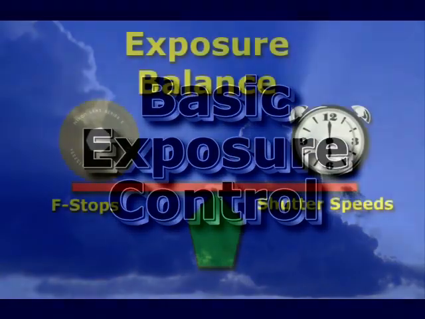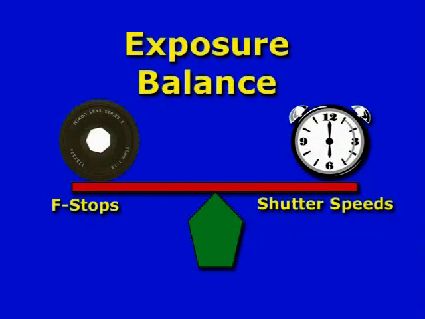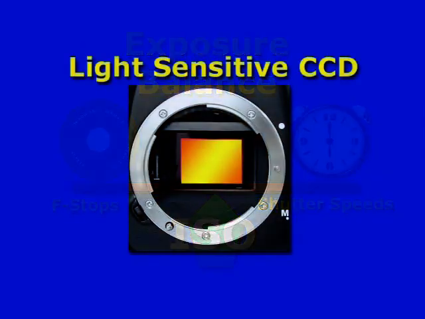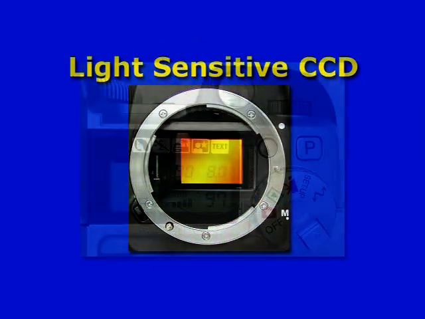The most obvious controls over exposure are the camera's aperture and shutter speed settings. Working in conjunction with the ISO settings, these adjustments regulate the amount of light reaching the image sensor.